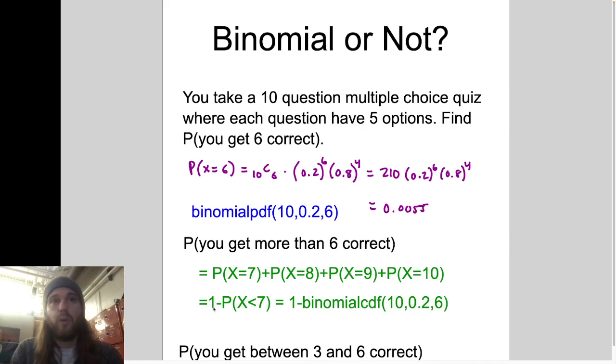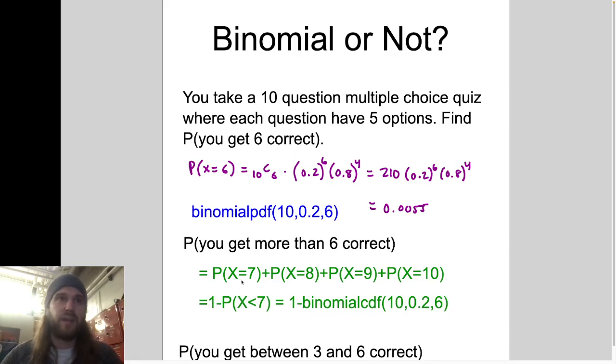So we do 1 minus the probability that x is less than 7, which is 1 minus binomial CDF of 10, 0.2, and 6. It's cumulative, which means it adds up to the left, just like table A. It adds up the probability of 0, 1, 2, 3, 4, 5, and 6, and we subtract that from 1 to get the probability of more than 6 correct.